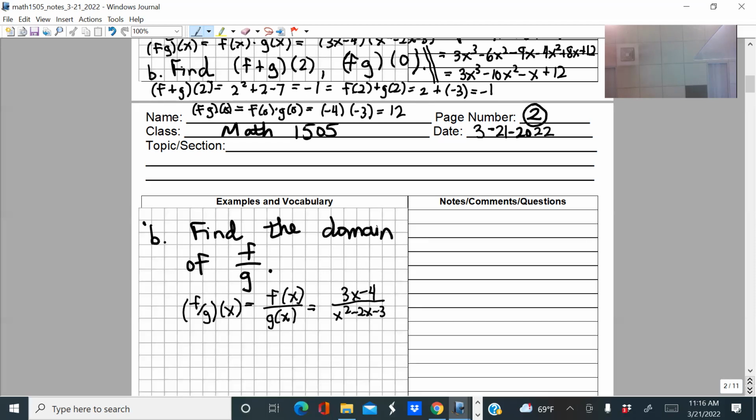Remember to step on the right one. You don't put 0 in.